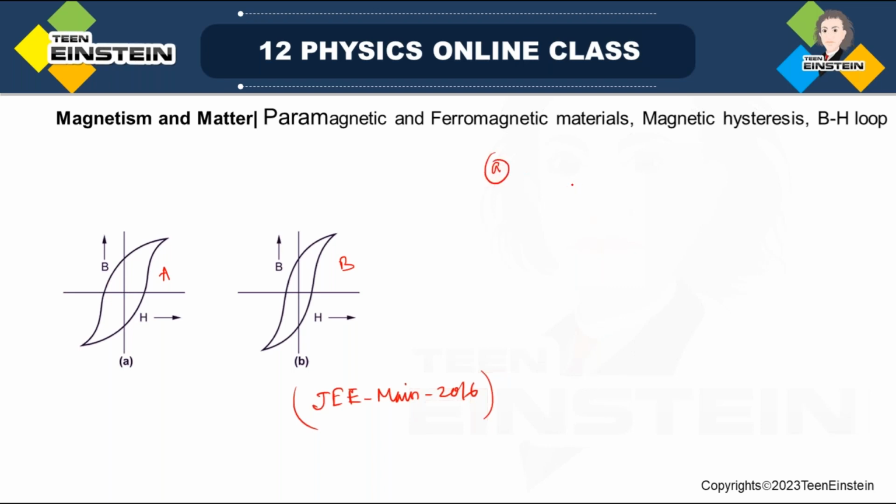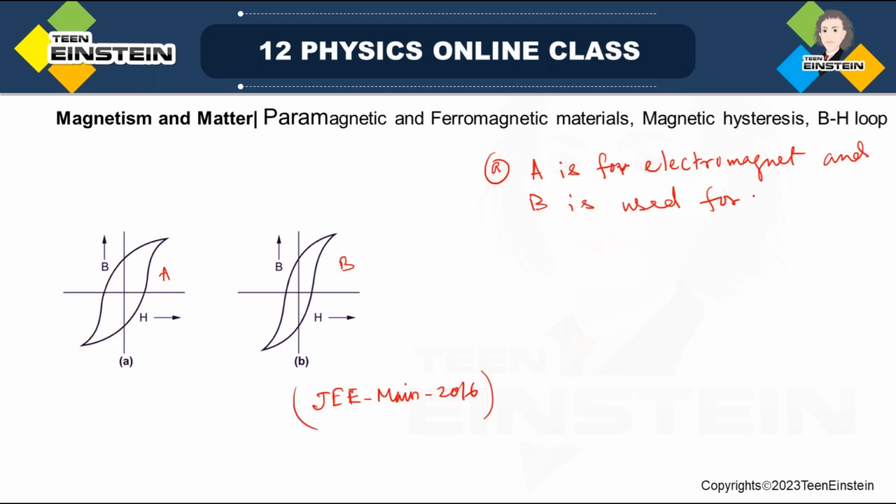The first option says A is used for electromagnet and B is used for making generator.